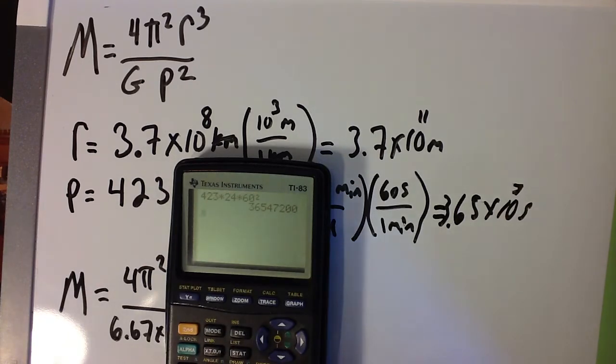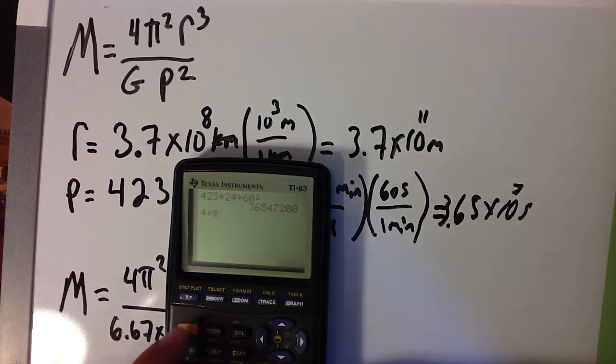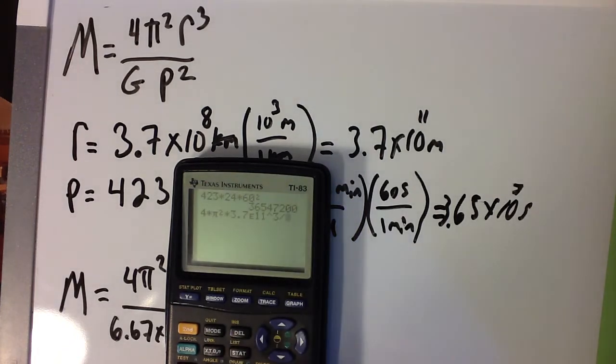So here we go. 4 times pi squared times our distance, which is 3.7 times 10 to the 11th, and we cube that. And then what I'm going to do now is divide by the period squared, because that's already in my calculator.